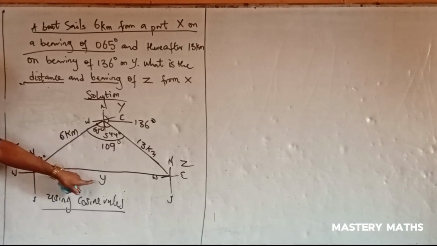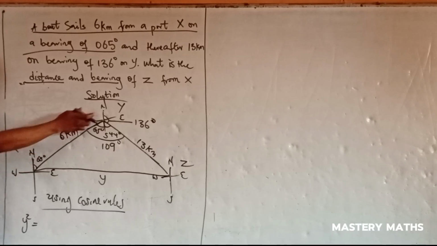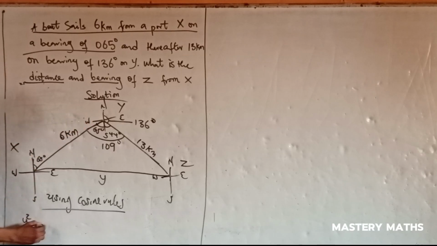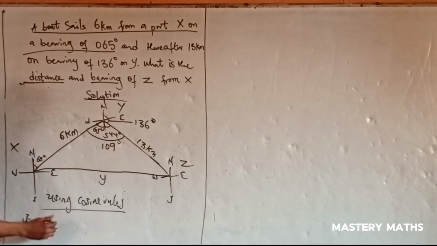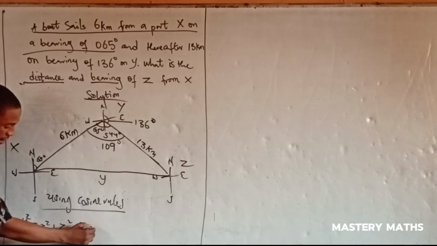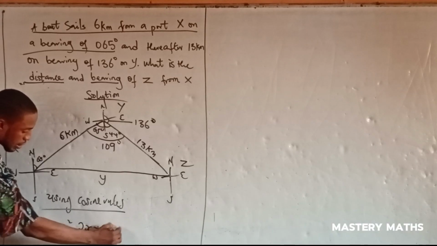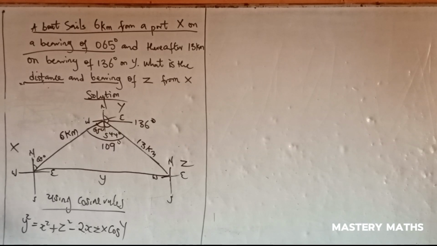Using the cosine rule, since this is what we are looking for, you say your y squared is equal to x squared plus z squared minus 2 times x times z times cos y.